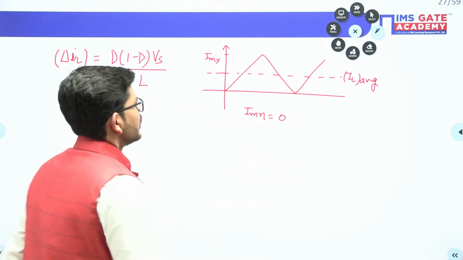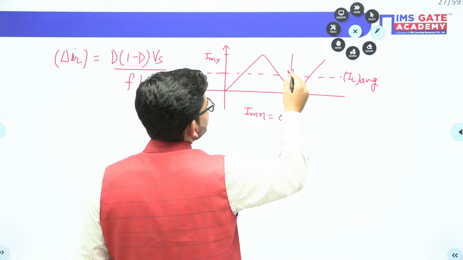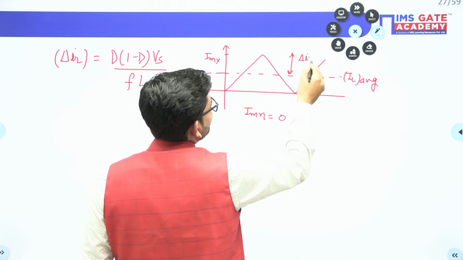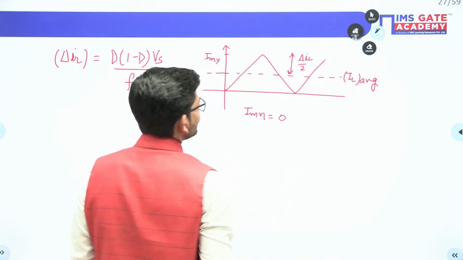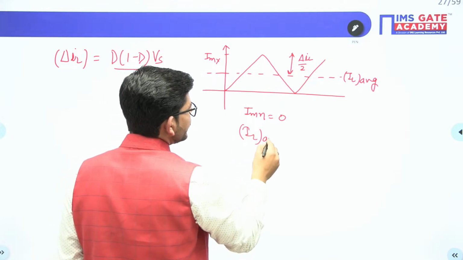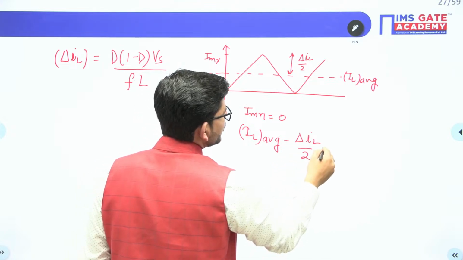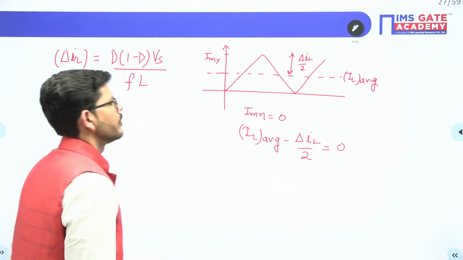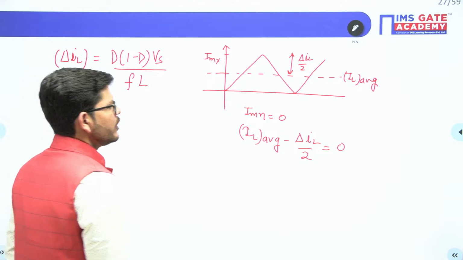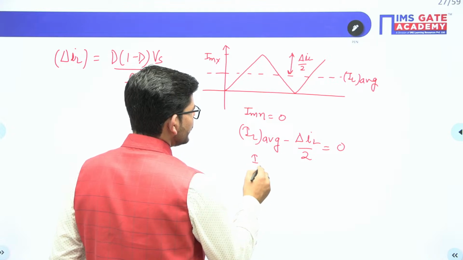Now, how to calculate the I minimum value? If you see, this amount is del IL by 2. So I minimum will be IL average minus del IL by 2. This is equal to 0, isn't it? So when you put this, what is IL average? IL average is I naught.